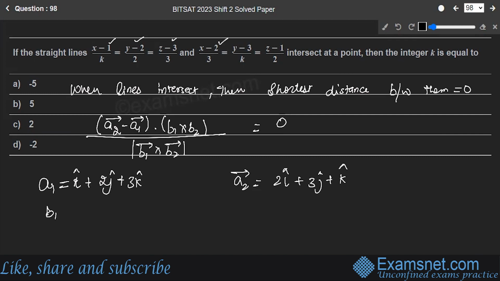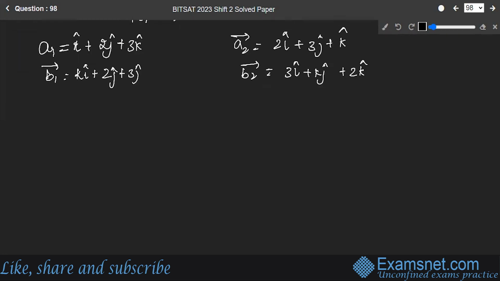Similarly, B1 vector will be given by k i, 2j, plus 3k, and B2 vector will be 3i plus kj plus this, right? So first of all, let's find out this B1 cross B2.